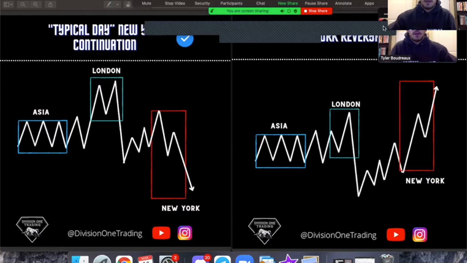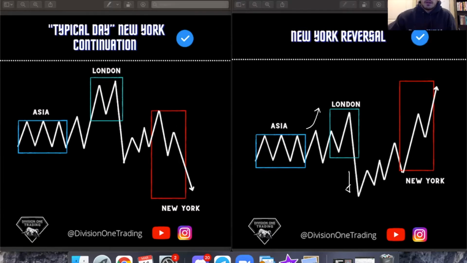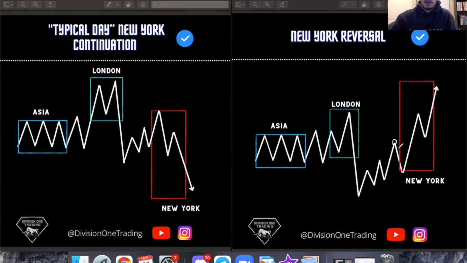we have the same situation, but with a New York reversal. If we're expecting a reversal, again, it's going to be in this leg here. London trades higher and then trades lower, same as this scenario over here, the continuation. So what's different? Right here, we go to start New York, and then we fail to make a lower low there.